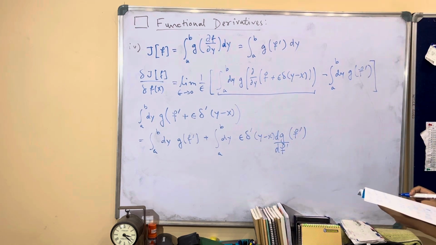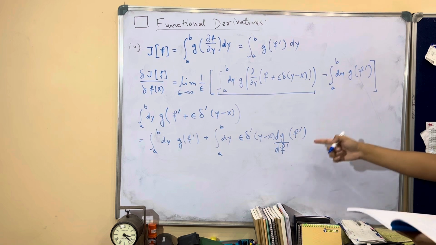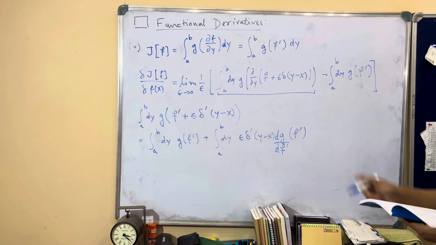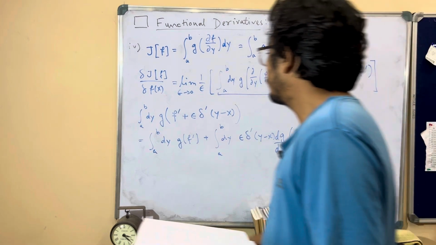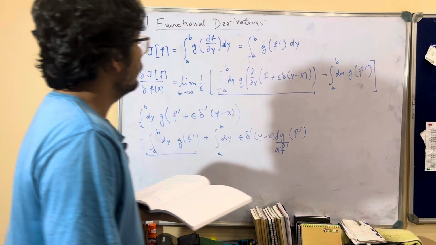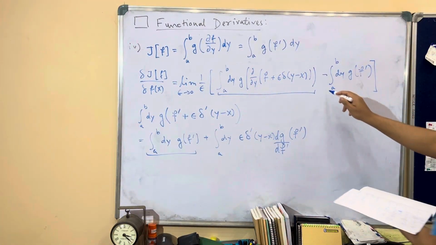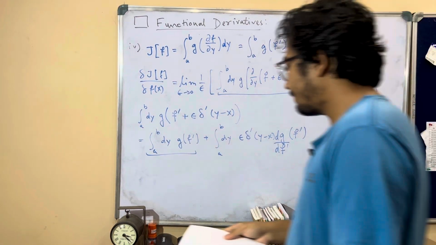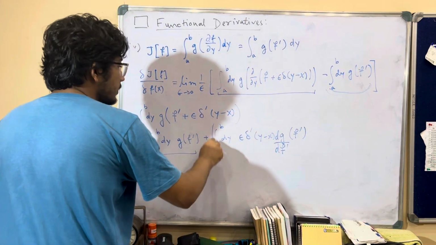I'm neglecting the higher order terms as epsilon is very small. You can see that this term will exactly cancel out this term. So we will be left with only this part.